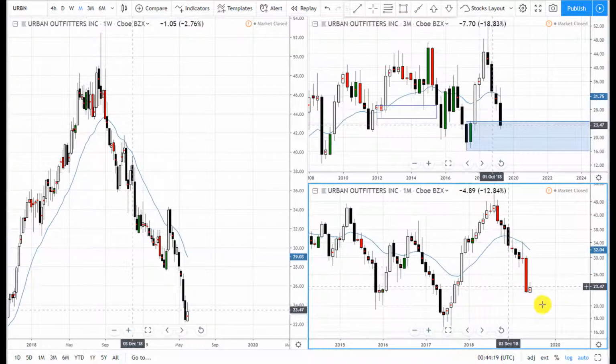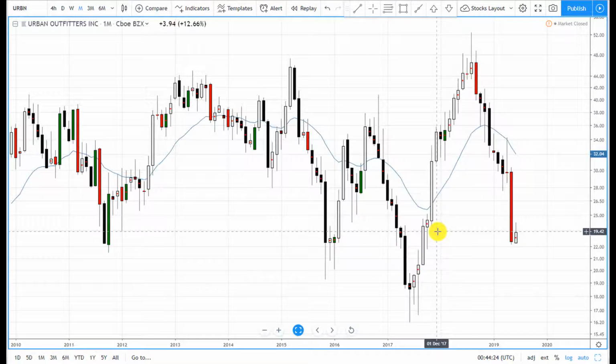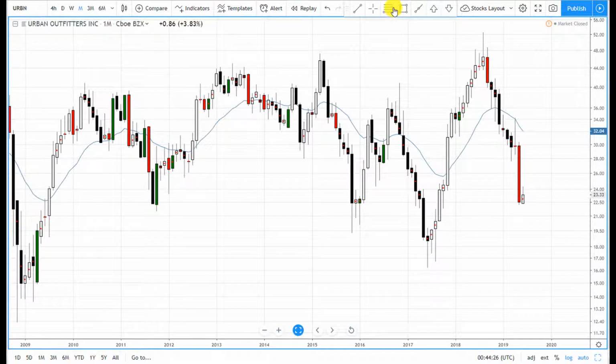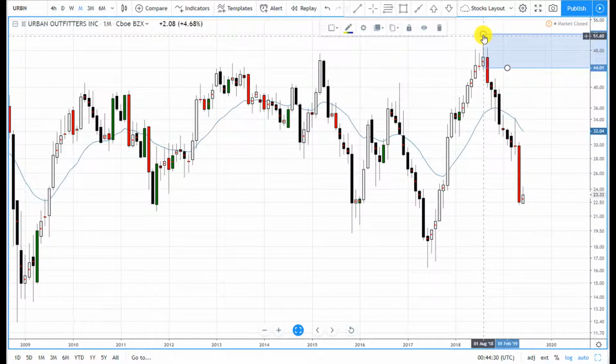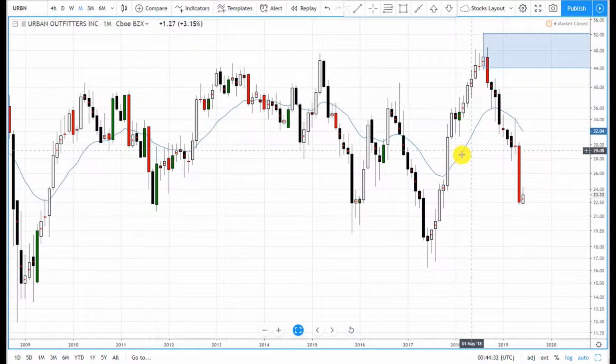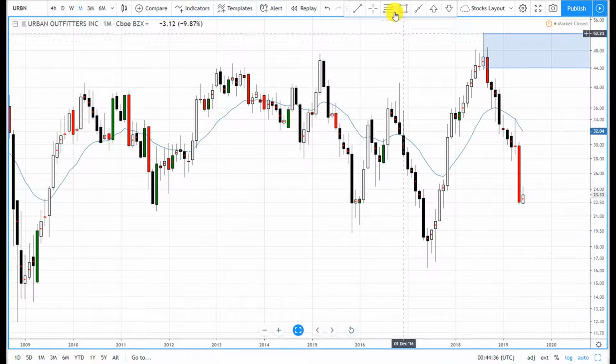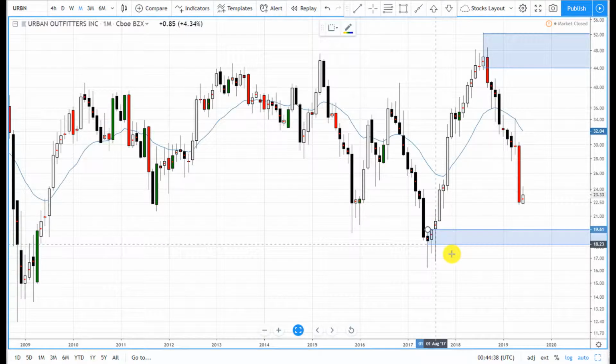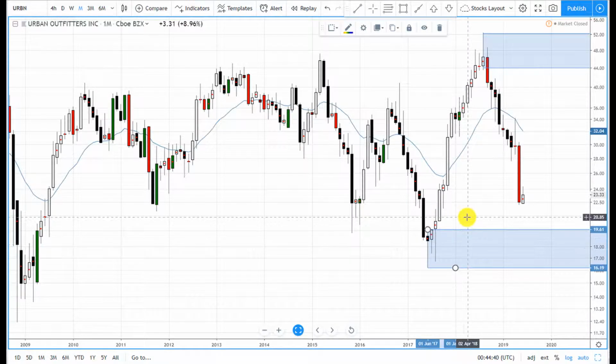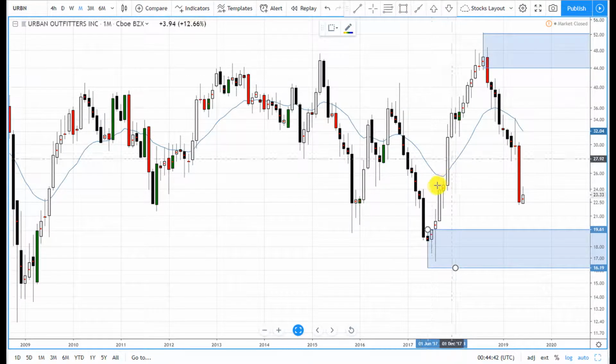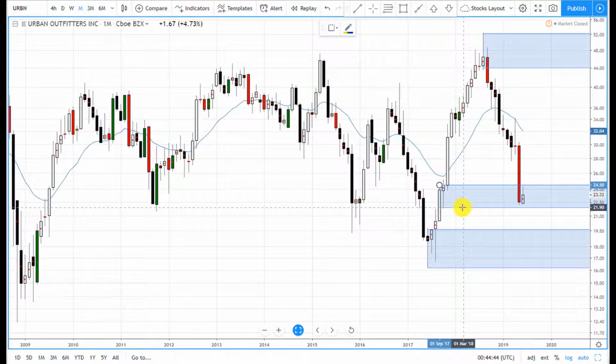Okay, on the weekly chart, on the monthly chart, let's take a look at it bigger. You can see that there's a supply zone up here, and there's definitely a demand zone down here. And there's another demand zone down here.